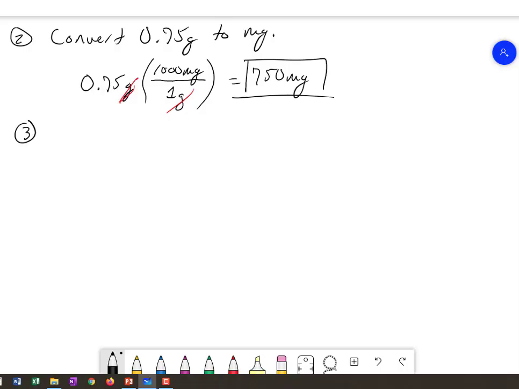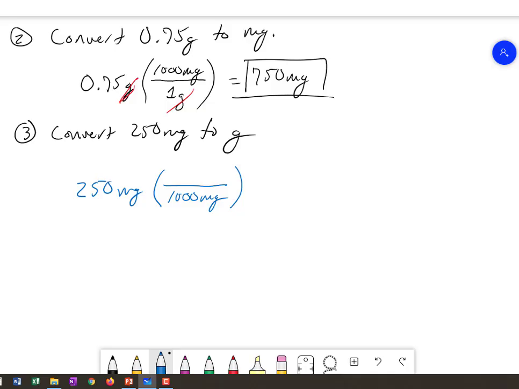Third question is convert 250 milligrams to grams. I think I'll start doing these answers in blue so they stand out a little bit better here. Here we take what we're given, 250 milligrams, and I'm going to multiply that. Now again, I want to get rid of milligrams, so here I'm going to put milligrams on the bottom.